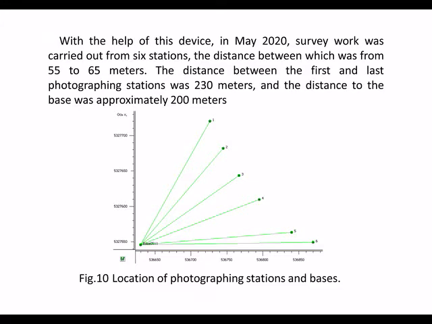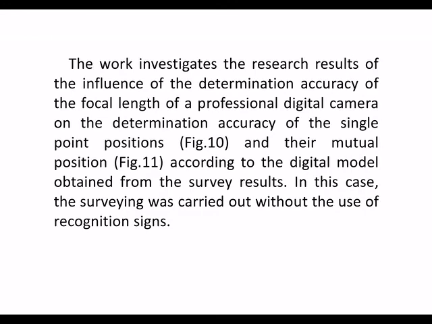approximately 200 meters. The work investigates the influence of the determination accuracy of the focal length of a professional digital camera on the determination accuracy of the signal point position and their mutual position according to the digital model obtained from the survey results. In this case, the surveying was carried out without the use of recognition signs.